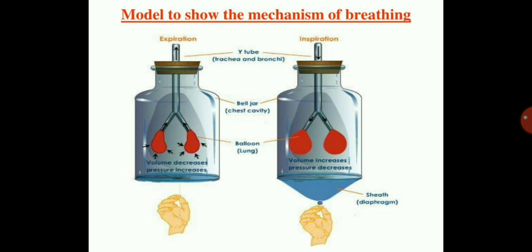When we inspire, the balloons get inflated, that is the volume increases and the pressure decreases, and the diaphragm goes down. When we exhale, the volume decreases and the pressure increases, so the diaphragm comes to rest again. This model can be used to show the mechanism of breathing.